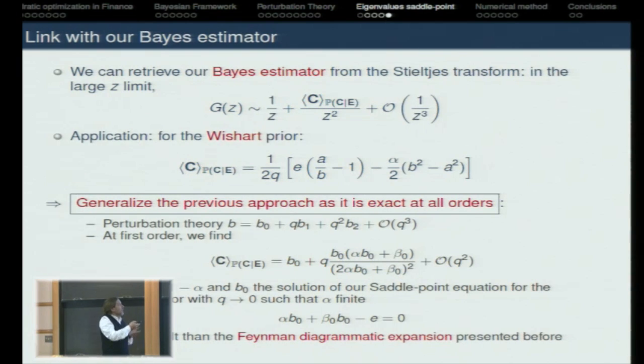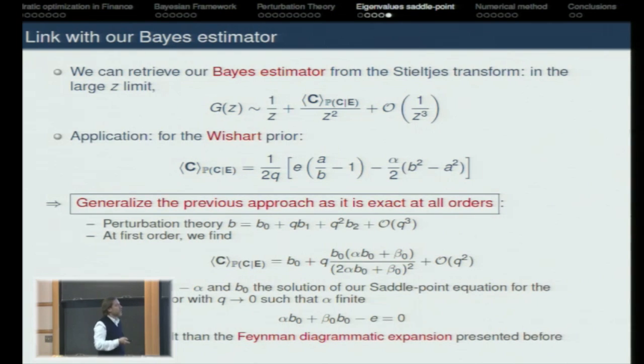Now, given that I assume that E is proportional to the identity, there are no eigenvectors in this problem anymore. All matrices are proportional to the identity. What I'm saying is that C hat will be proportional to the identity. What's the constant in front of it?